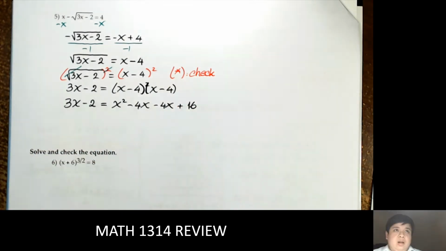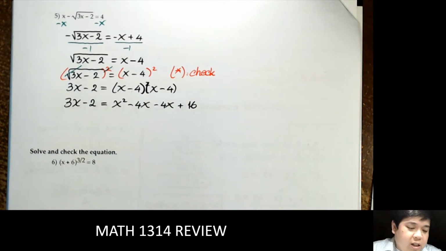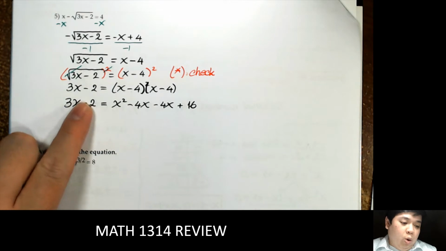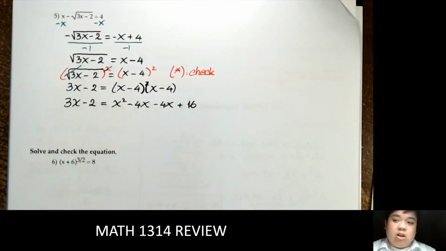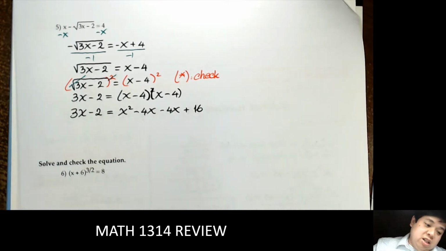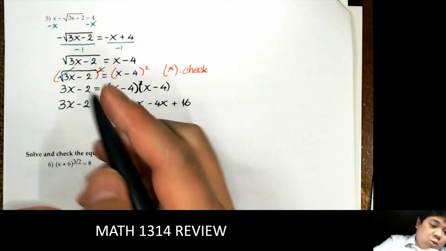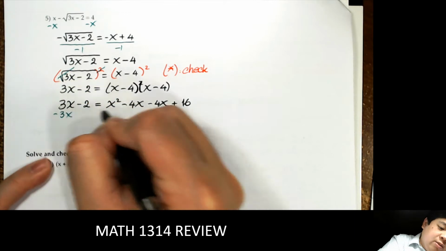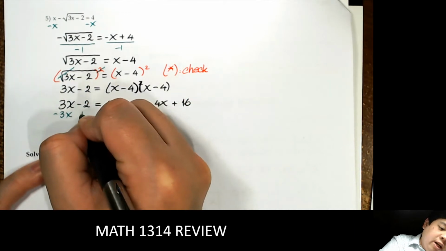So this is going to be quadratic. We're going to move everything to one side because x squared is a quadratic equation, so we should have 0 on one side. It is easier to do that way. So minus 3x and plus 2.